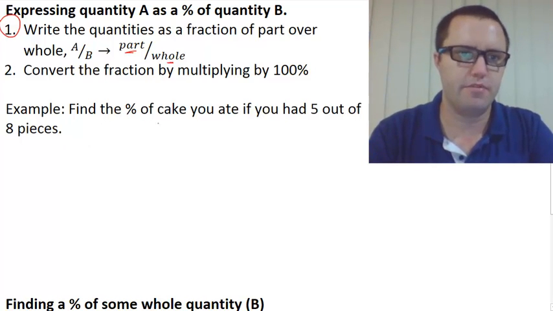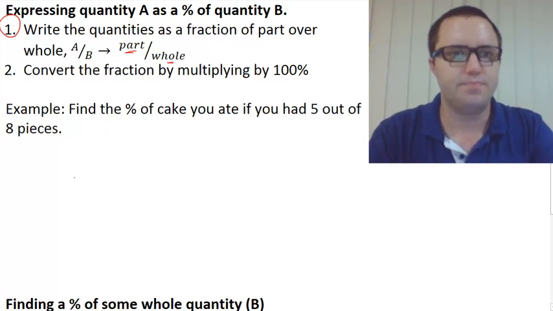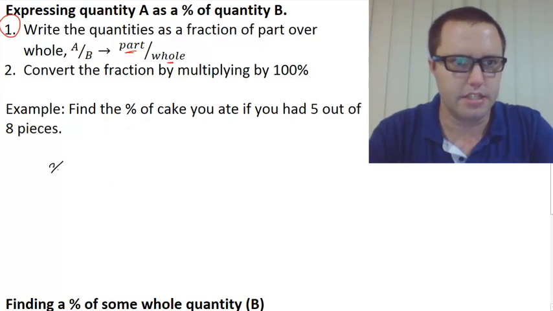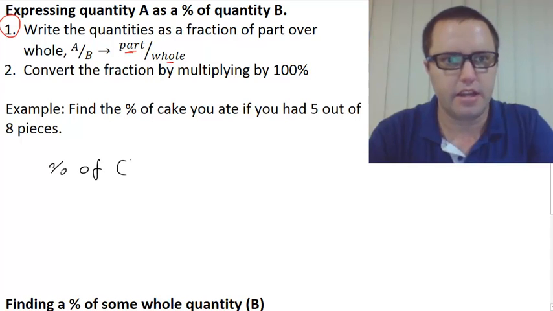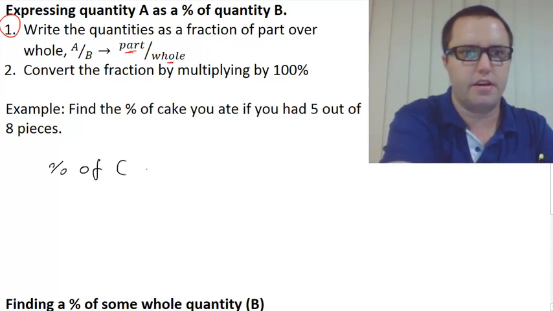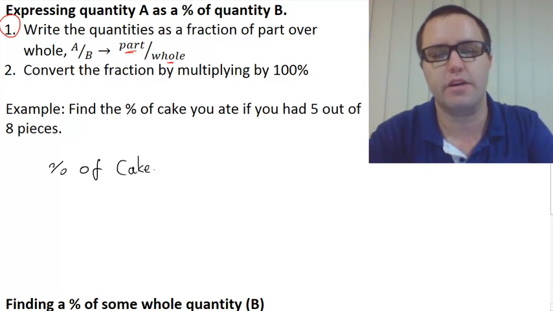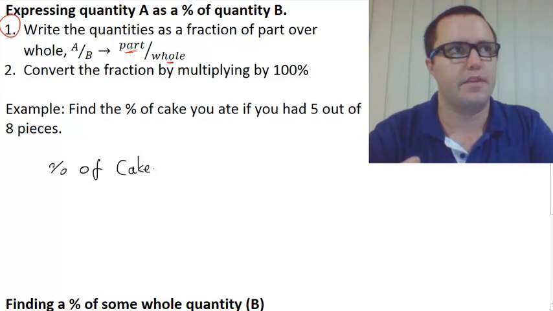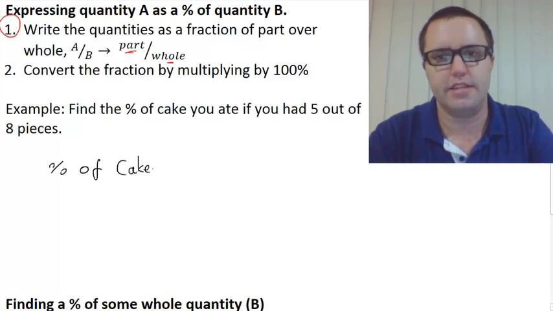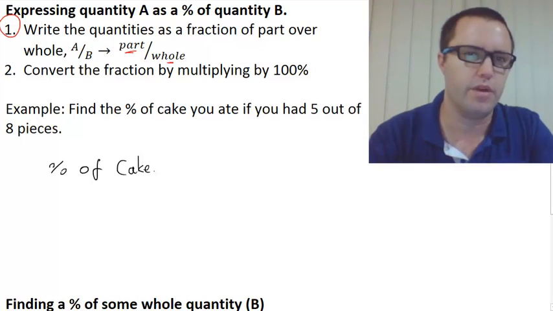So for example, find the percentage of cake that you ate if you had 5 out of 8 pieces. Now, you'll see that a lot of the times in these videos I'm just using a word sentence to kickstart my equations, which is probably a good idea in percentages since many of them are based on real life things, and it's difficult to describe with mathematical language.